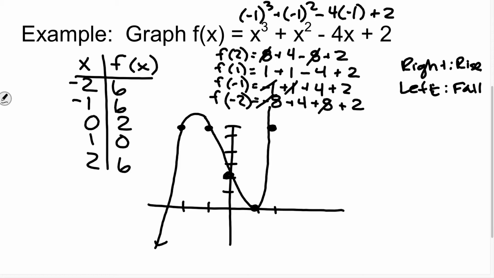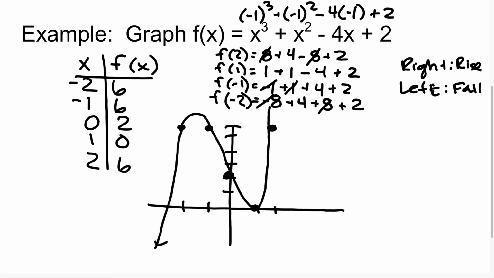Just drop. So what I don't know is how high did this go? I don't know. Maybe it really did cross the x-axis and it came back up. We don't know. So it's not a perfect graph, but it's got the right end behaviors, it's got the y-intercept, it's got a few points. So we have an idea of what the polynomial will look like.